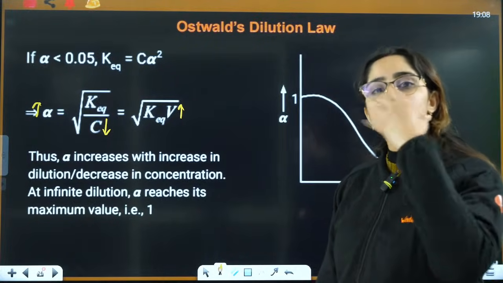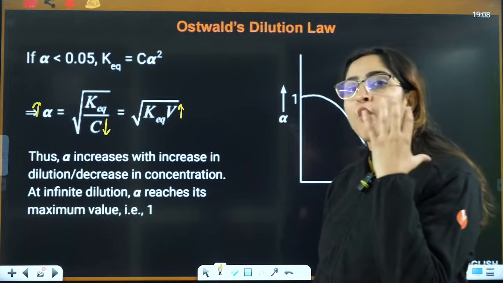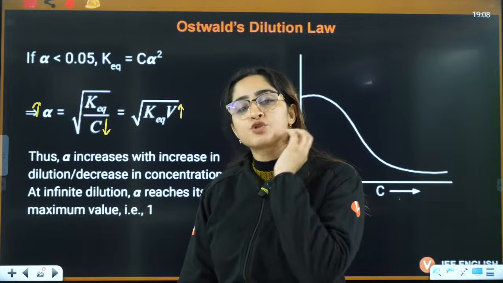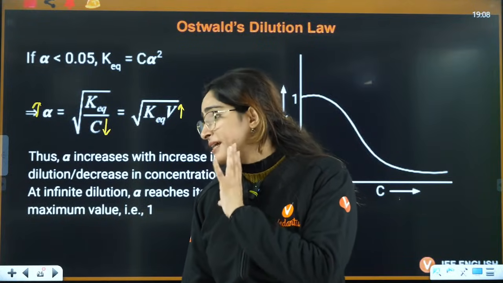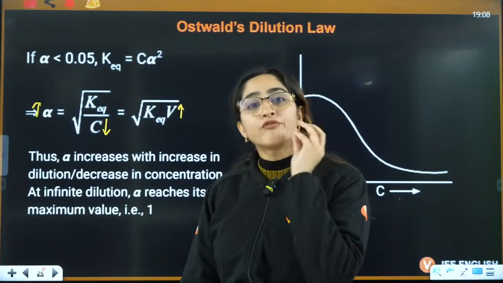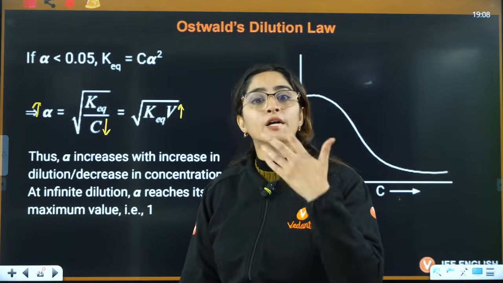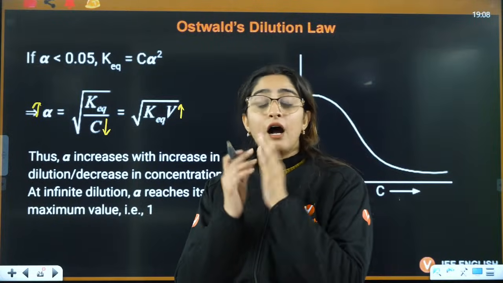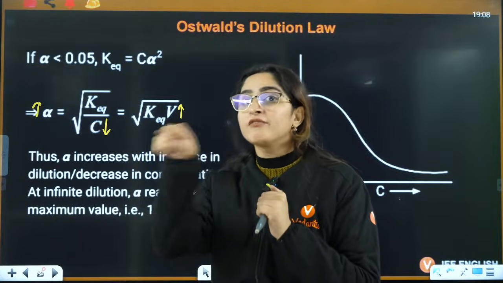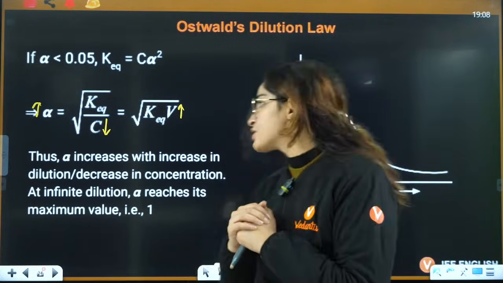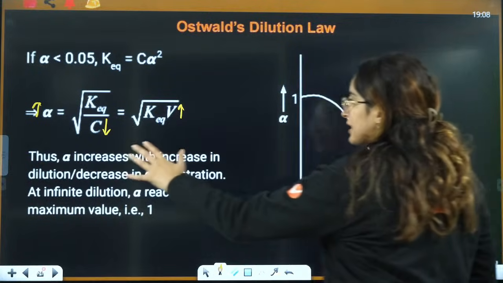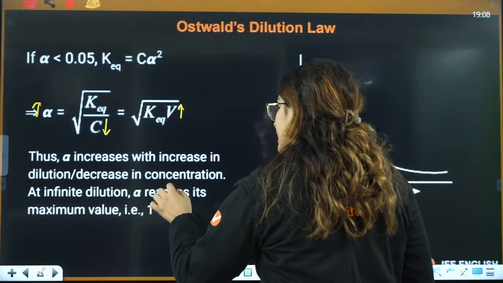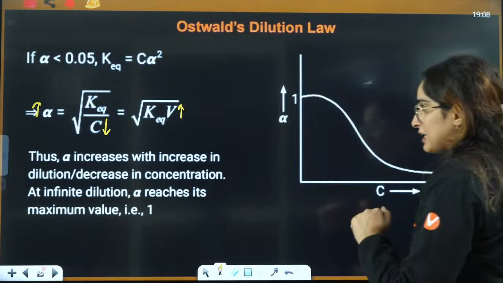It will increase so much that at one point, at infinite dilution, it will become equal to a strong electrolyte. It will be 100% dissociation. Even the weak electrolyte will start showing 100% dissociation. It is such a diluted solution that even a weak electrolyte shows it, right? So what they are saying is, as alpha increases, with increase in dilution and decrease in concentration, at infinite dilution alpha reaches its maximum value.